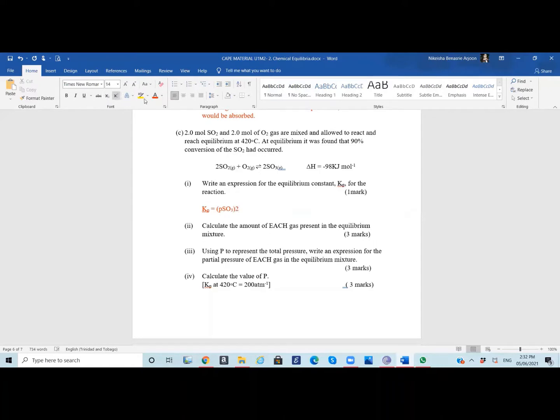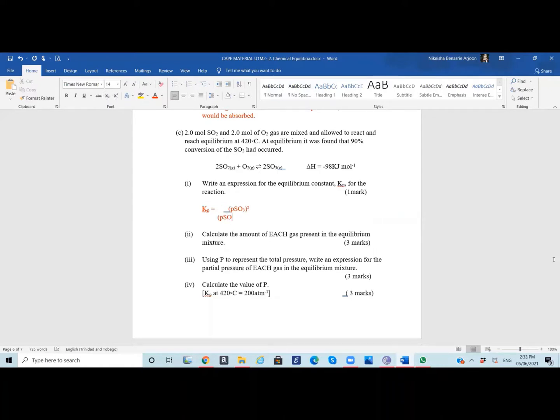Correct, squared. Like I said, it's the products over the reactants, so it will be PSO3 squared because of the 2 in front of the SO3, then over PSO2, and it'll be squared again because there's a 2 in front of that. And what's the other one?